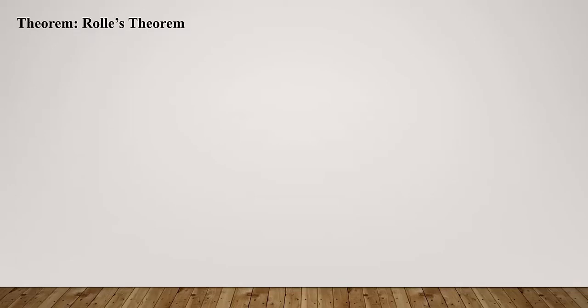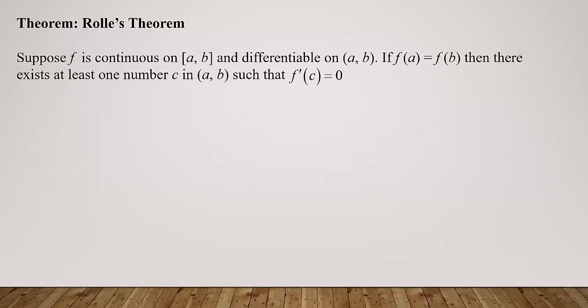Here's what our work at the chalkboard told us. If your function f is continuous on closed interval [a, b] and it's differentiable on open interval (a, b), and keep in mind that saying it's differentiable on the open interval just means the derivative exists for all values in (a, b), so there would be no sharp turns in the graph, and if f of a equals f of b, then there exists at least one number c in the open interval (a, b) such that f prime of c is 0.